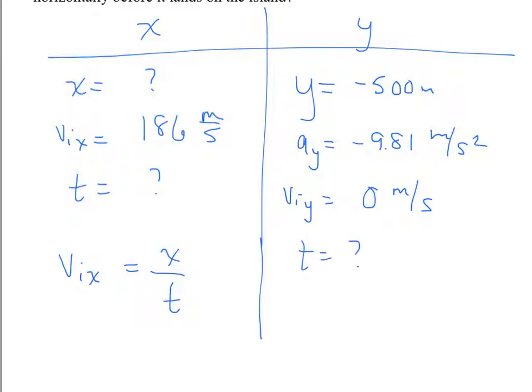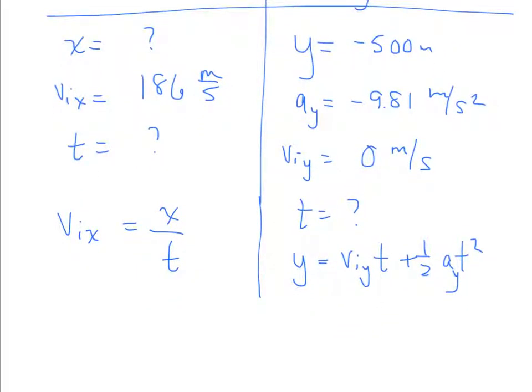It's the same exact problem in the y direction. It's identical, just different numbers. So we're going to use the same exact formula. Now, again, VIY is 0. I can cancel that part. And if I solve this for time, it's the same solution. That's why I have you solve generically so you can see this.